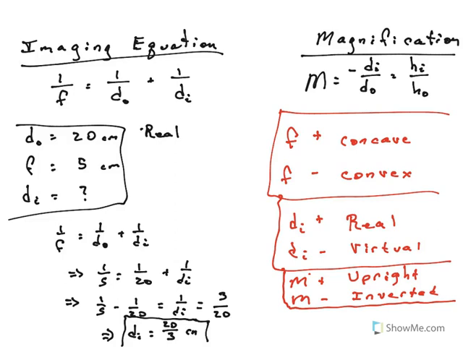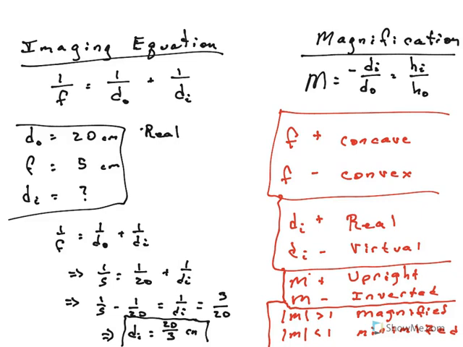And then the last thing we're going to have to know is the number itself for the magnification. So you take the absolute value of m, whatever that happens to be. If that absolute value of the magnification is greater than 1, it's called magnified. And if the absolute value of the magnification is less than 1, so it's a decimal number, then it's minimized.